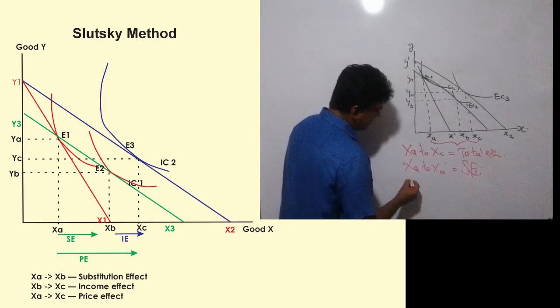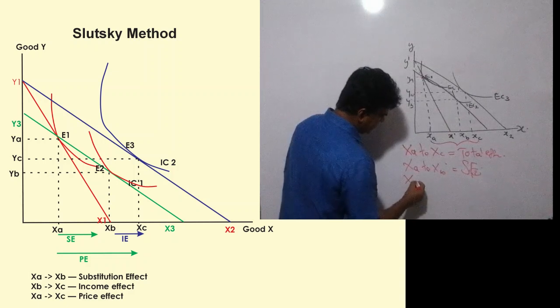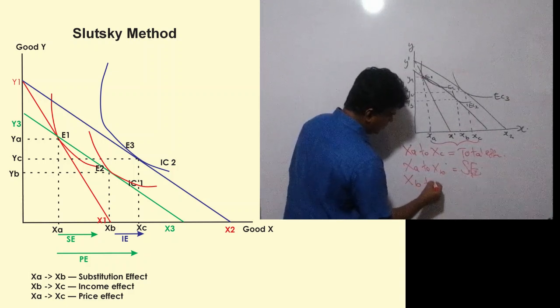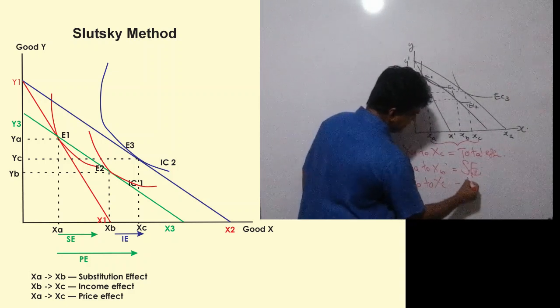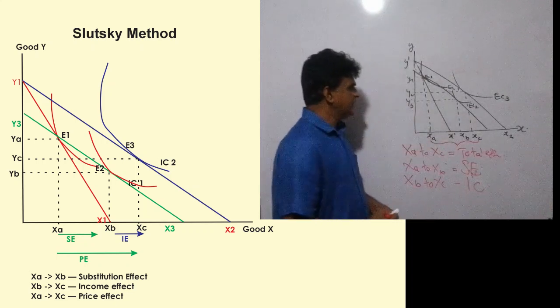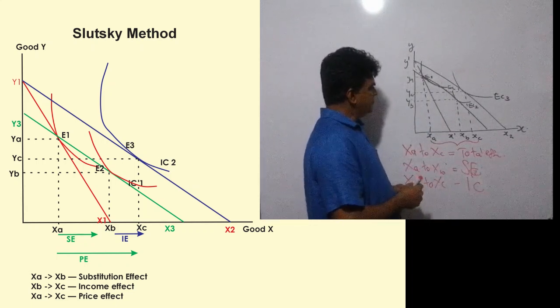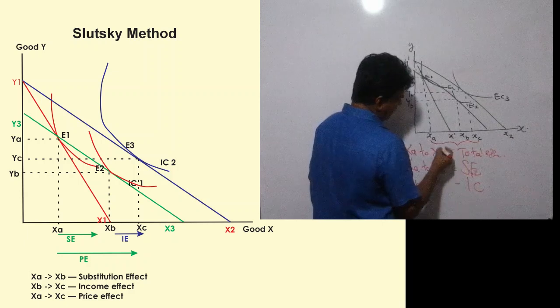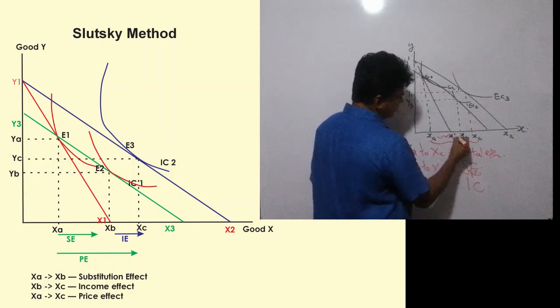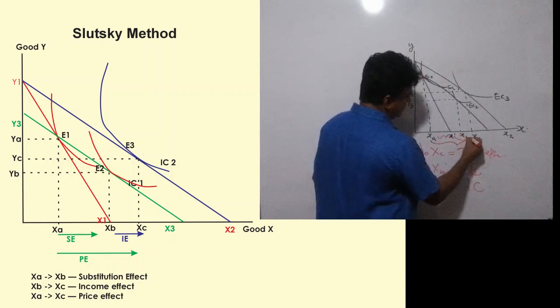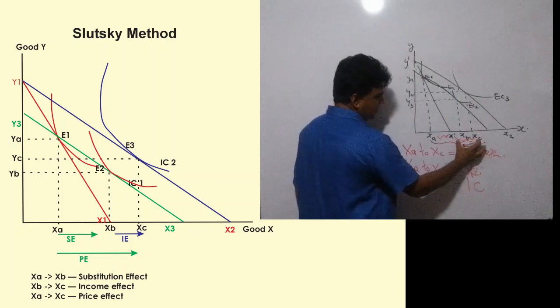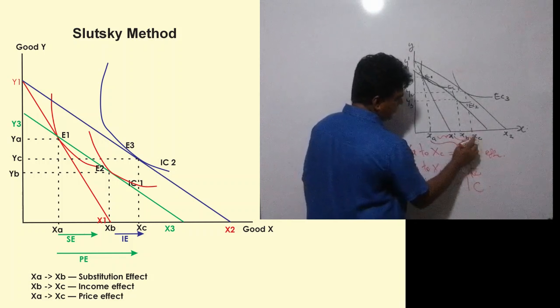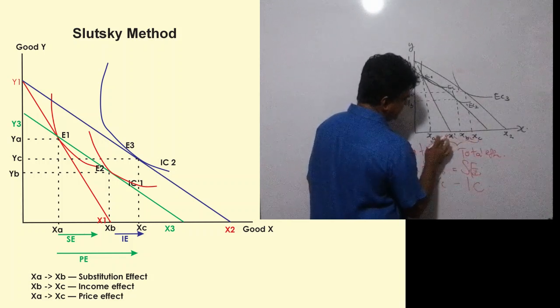and XB to XC is the income effect, right? Substitution effect and income effect. This is the substitution effect and this is the income effect. This is a small one. XB to XC is the income effect.